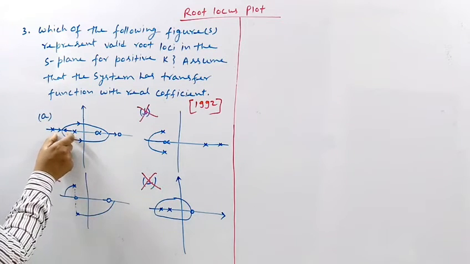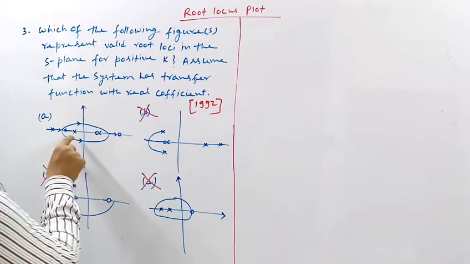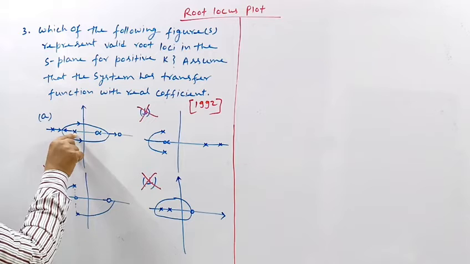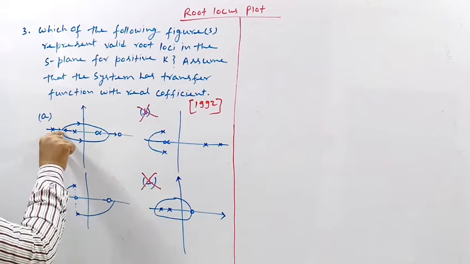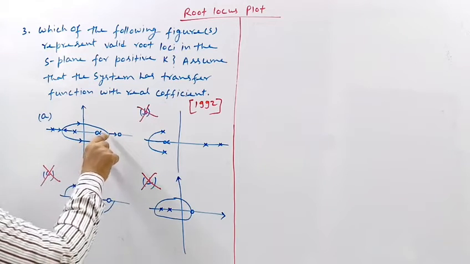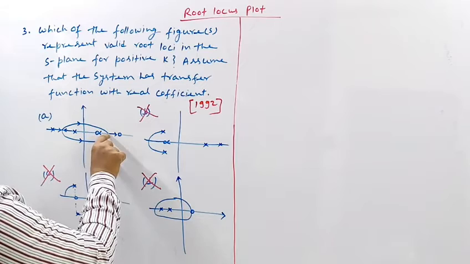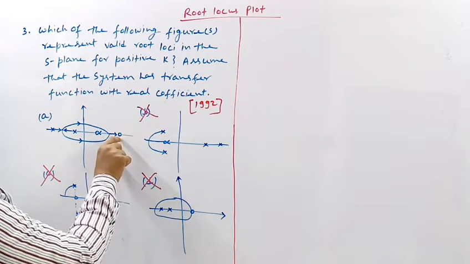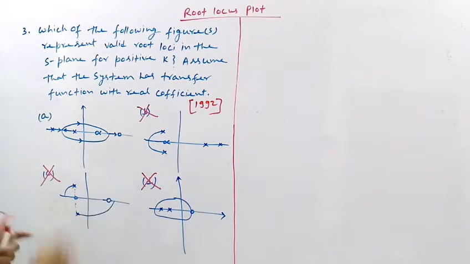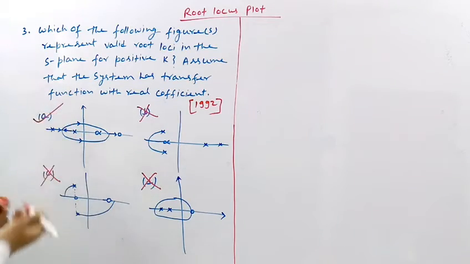So this part will be a branch of root locus, which is given here. Again, the branches start from the poles, and the two branches meet here and break away, one branch breaking away to 0 and another branch breaking away to this 0. So this is the valid root locus. So which one is correct? Option A will be the correct one.